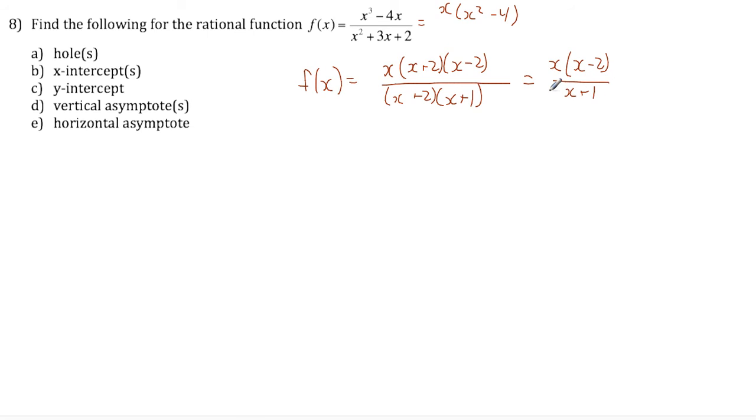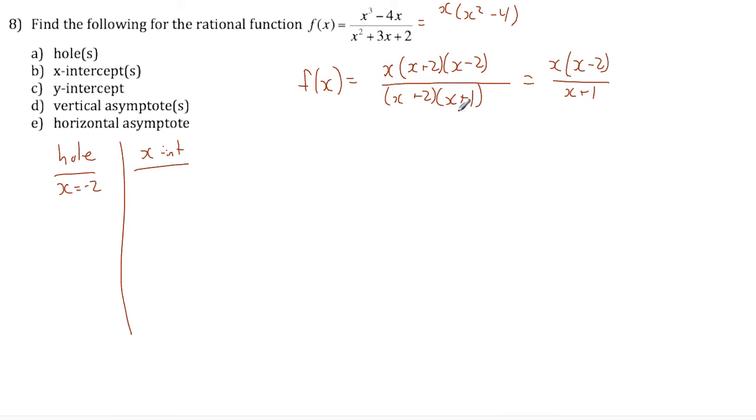Remember, holes are where we have what we call removable discontinuity. So for A, the hole is going to be where x plus 2 equals 0. So that's x equals negative 2. For the x-intercepts, that is where the function is equal to 0.